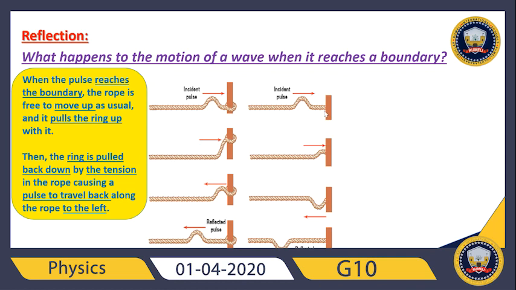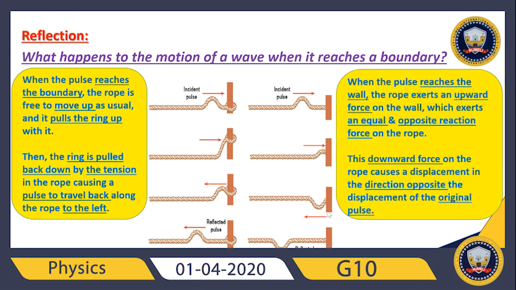So what about if the boundary is fixed, like on the right side, a fixed boundary? Can you see? It's different here. So what happens when you make an incident pulse towards the right side, like here? What happens when the pulse reaches the wall?